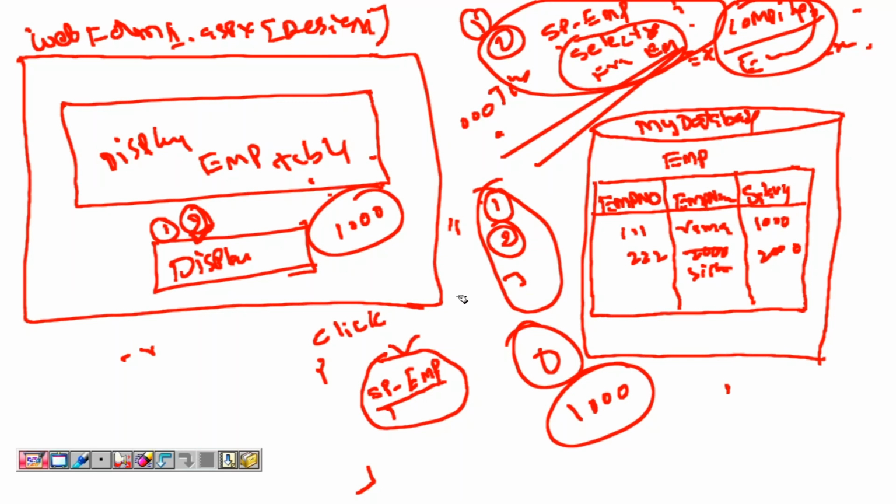That's why it's pre-compiled. It will never compile again. Directly it will execute. When you click 1000 times, you are calling the stored procedure 1000 times, and 1000 times the SQL command will be executed.